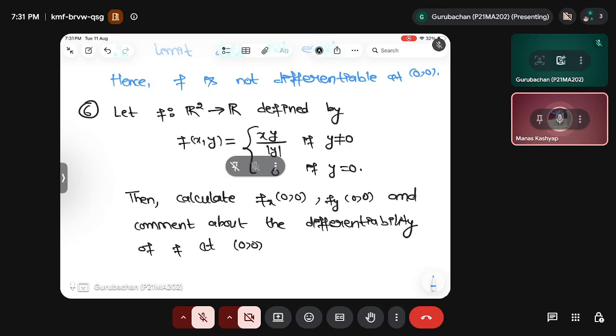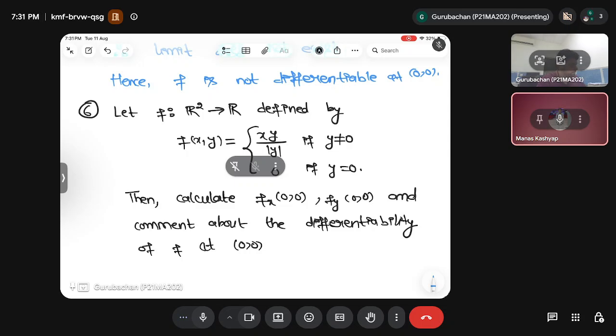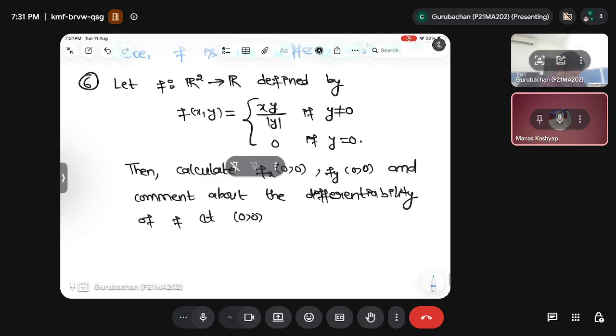fx at (0, 0) and fy at (0, 0) are both 0, and the function is not differentiable at (0, 0). Okay. So the limit of f(x, y) as (x, y) tends to (0, 0), I'm doing by polar coordinates.